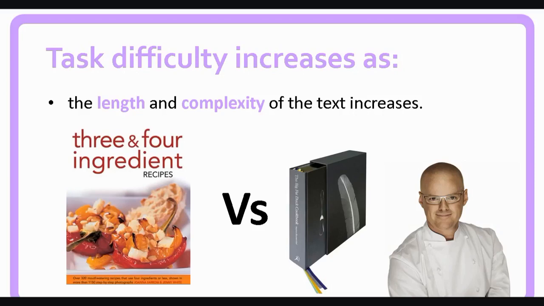Now, the task difficulty is so much more difficult if you're interpreting Heston's book as opposed to the 3 and 4 ingredients book. Somebody with an ACSF level for task complexity of 1 or 2 or 3 is likely to be able to handle the 3 and 4 ingredients recipe book, but you're probably going to need level 4 or 5 to be able to interpret Heston's book.